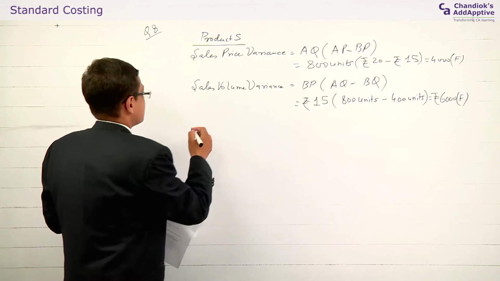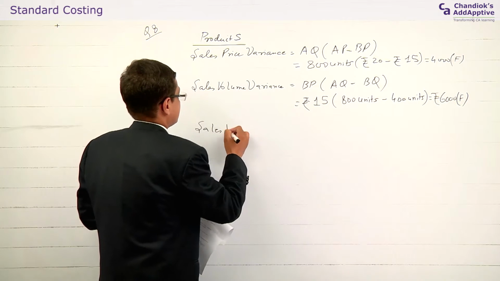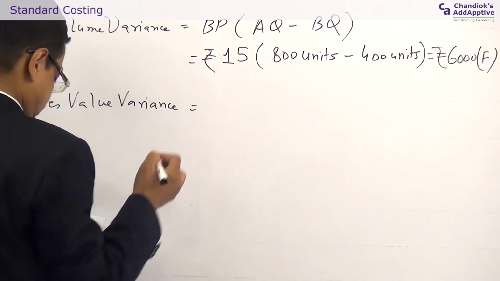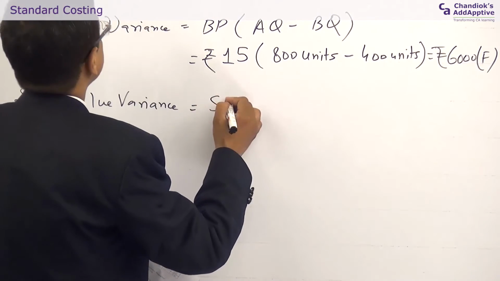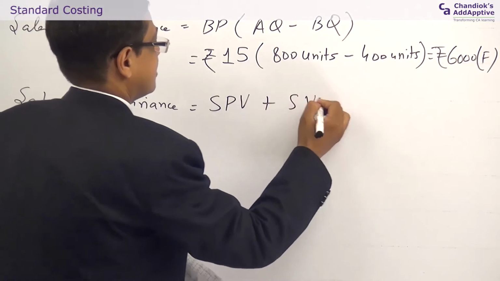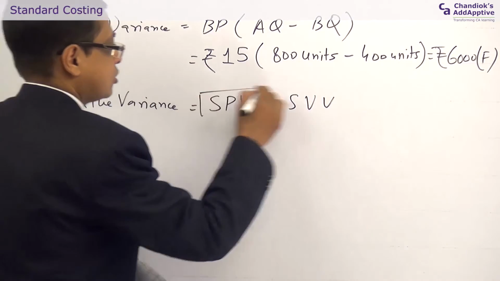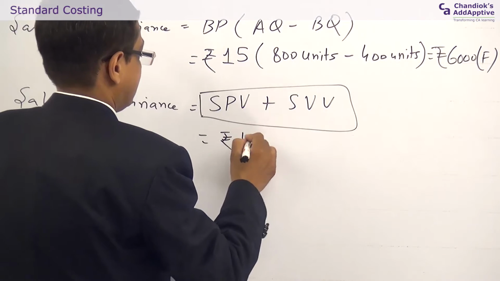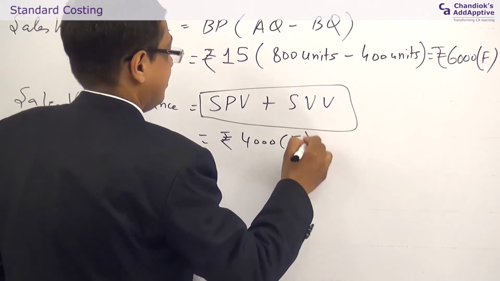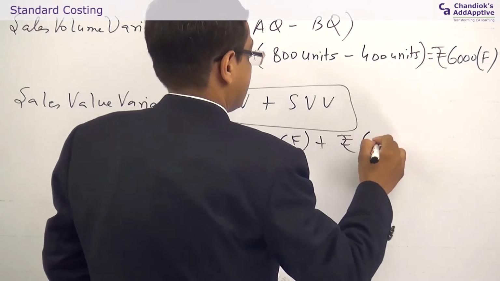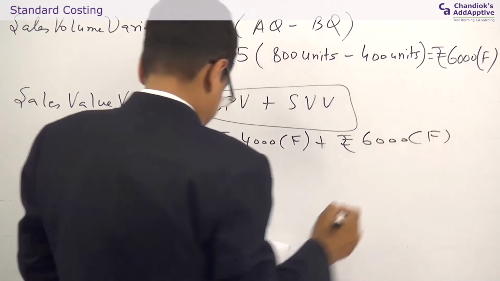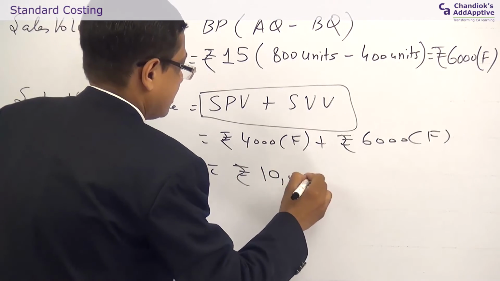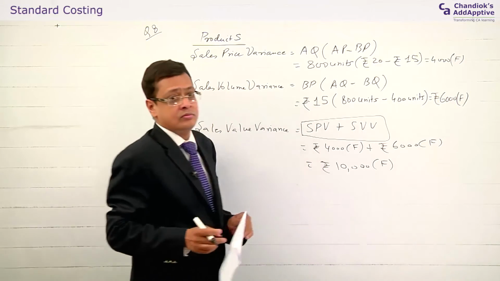The third is a combination, sales value variance. This is the sales price variance plus sales volume variance. I am writing in short. So just add it, rupees 4000 favorable plus rupees 6000 favorable. This works out to rupees 10,000 favorable.